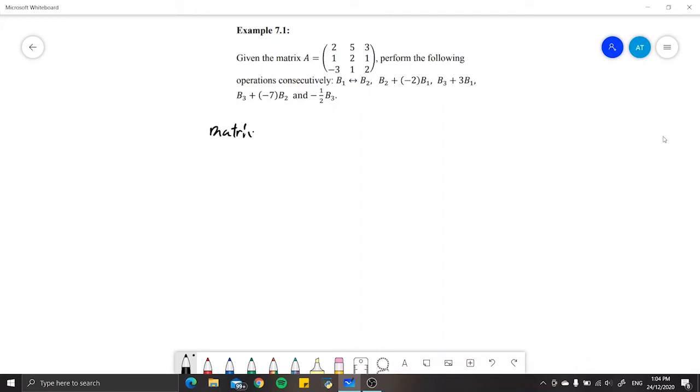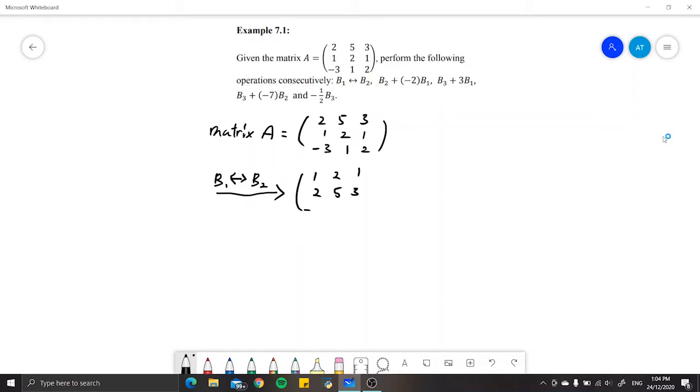For the first one, we're going to interchange the two rows. So the first one and the second one we interchange it. So 1, 2, 1, 2, 5, 3.